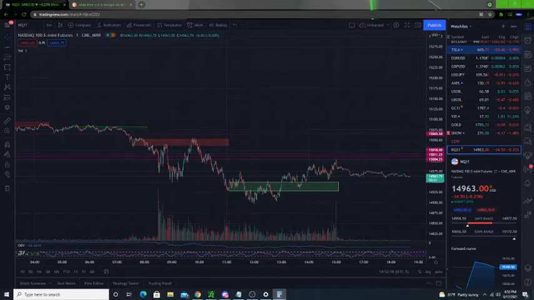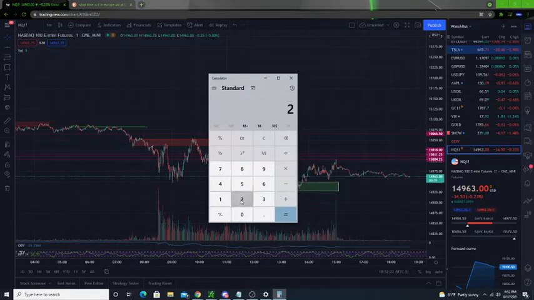It's not huge 50% moves, but you can sit here and do this day in, day out, play it accordingly, and make 2, 3, 400 bucks. Say you do that over 20 trading days, say you just made 200 bucks, that's $4,000 a month.